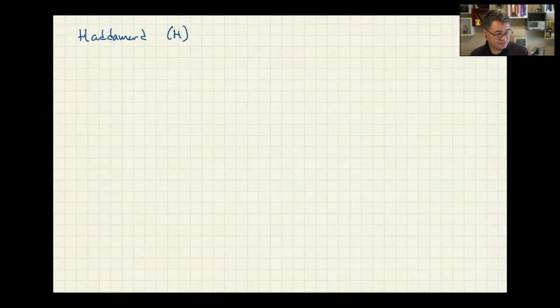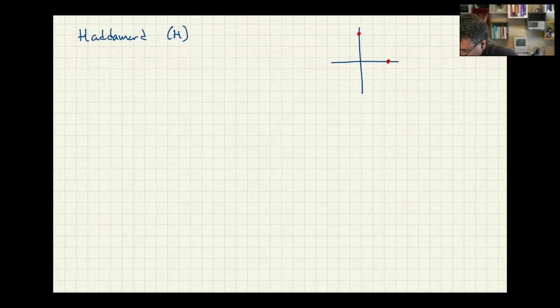Okay, so the Hadamard operation takes a qubit that's in the 0 state and puts it into the plus state. So it takes one that's here and puts it into a superposition, so that it's neither a 0 nor a 1.